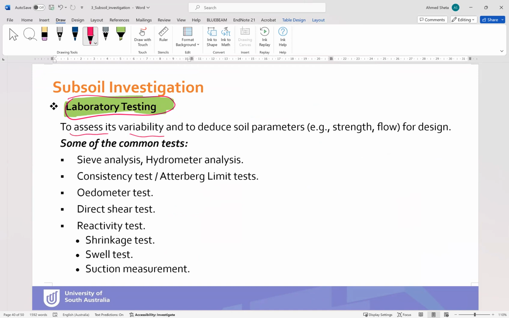To assess its variability and deduce soil parameters, strength, and flow for design, we need some testing at the lab.